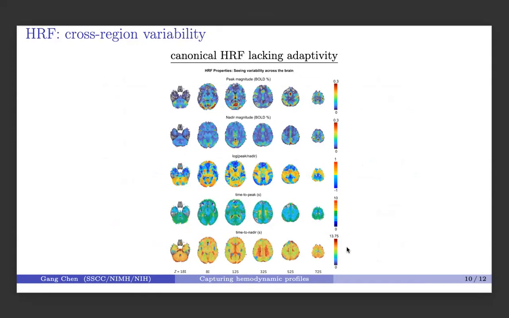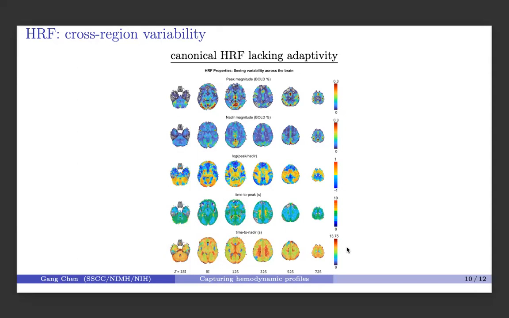But the second row shows the depth of the undershoot, so that also varies quite substantially across brain regions. The third row shows the ratio of peak versus the depth of the undershoot. That also varies, right? The scale is the log of the ratio.